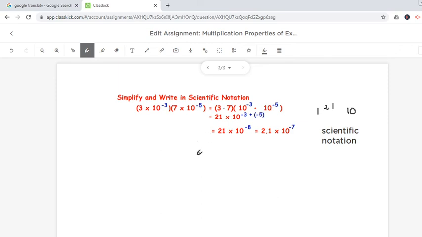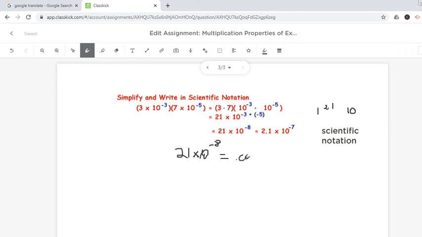So we have 21 times 10 to the negative 8. What that is, if we want to write that out, is 1, 2, and then 6 zeros.